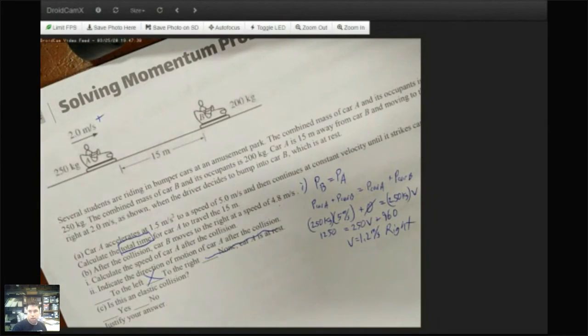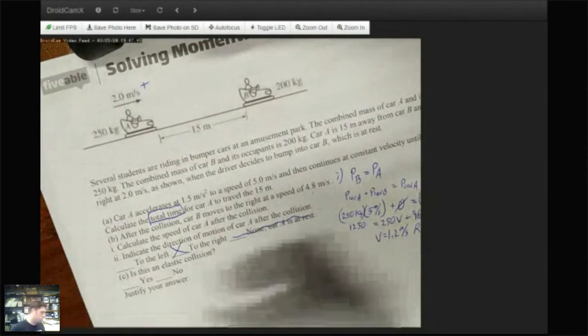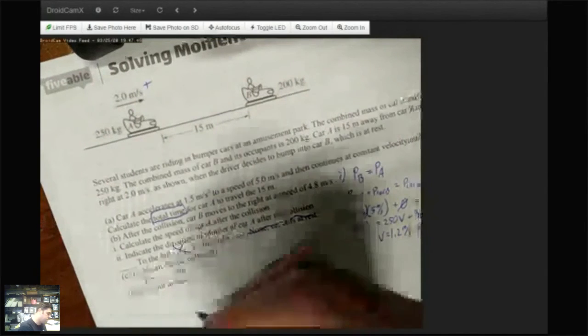All right. And the final part to this question, is this elastic? Okay, going back to our definitions at the beginning of the stream, elastic means the kinetic energy beforehand is equal to the kinetic energy afterwards. So let's try to calculate some stuff out here.